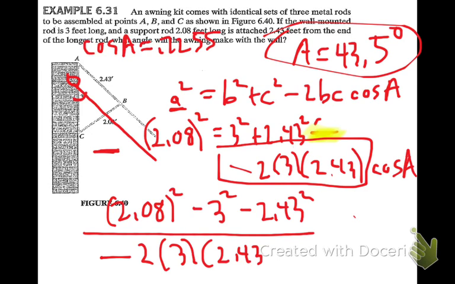And then you do inverse cosine. You do cosine inverse of 0.7255. You should get 43.5. Anybody wasn't able to get 43.5? I'll look at your calculator, see what you did wrong. Everybody got 43.5.